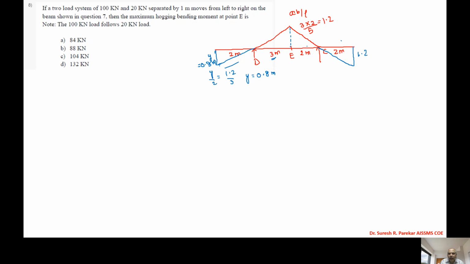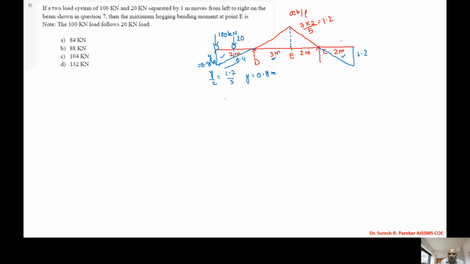So we will have choices now. If I put 100 kilonewton over here, because we require hogging, and hogging we have at these two, then we have 100, and another at 1 meter, so it will be 0.4. So this is 20.